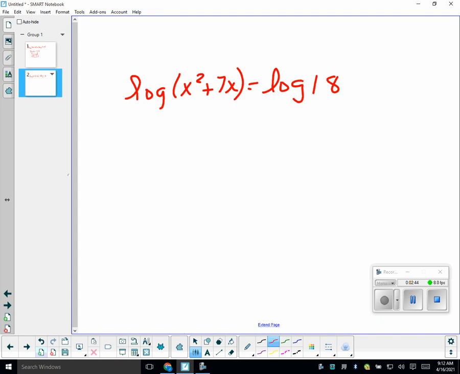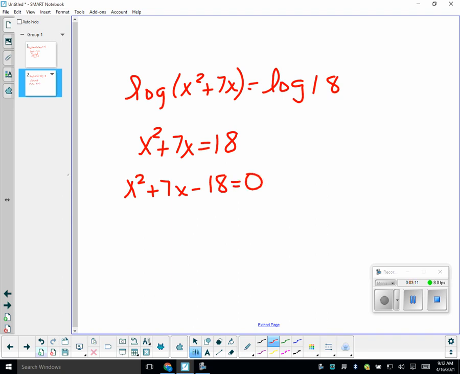Do they look the same on both sides so that I could get rid of the word log? Yeah. So what would I have? x squared plus 7x equals 18. How could I solve this? Okay, x squared plus 7x minus 18 equals 0.